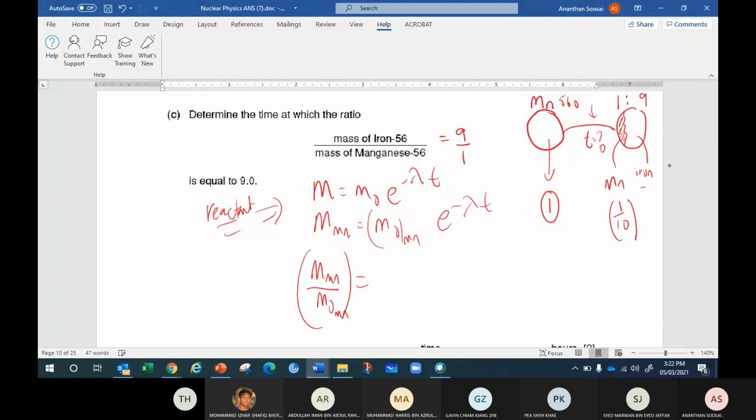When iron over manganese equals 9, the ratio is 9 to 1: 9 parts iron, 1 part manganese. So what fraction of manganese is still left? 1 part divided by the total parts, which is 1 plus 9, so 10. So the conclusion is M over M naught, you put as? Anybody? 1 over 10.